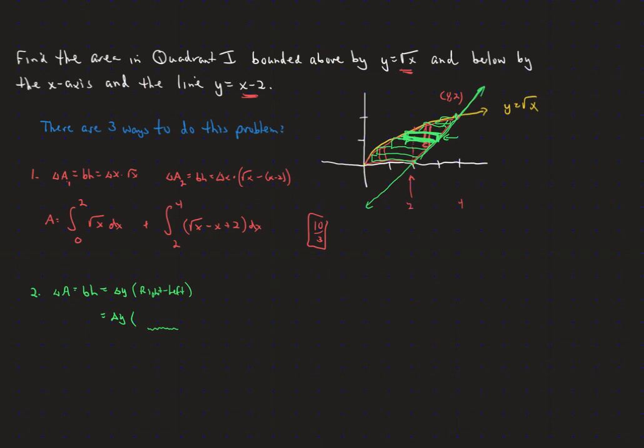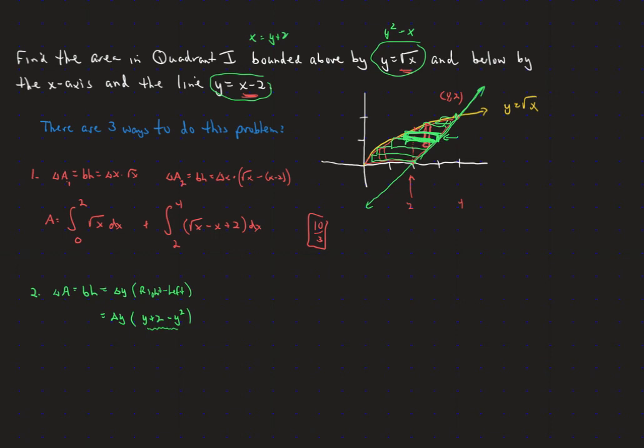So our right curve, that was y equals x minus 2, we're going to have to add the 2 to the other side and call that y plus 2. And the left curve, our square root of x, we're going to have to solve for x, and that's going to be y squared.